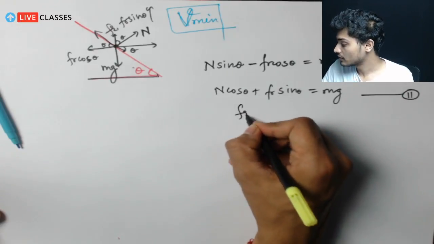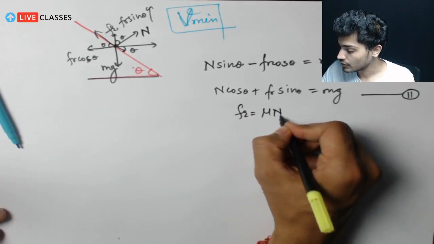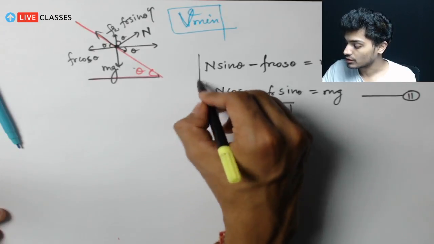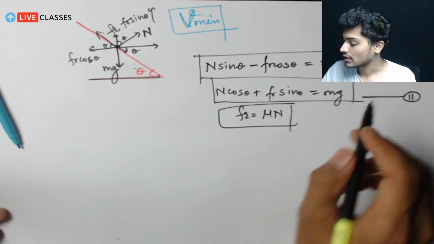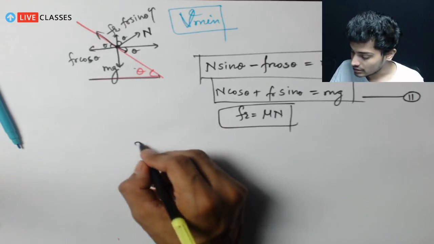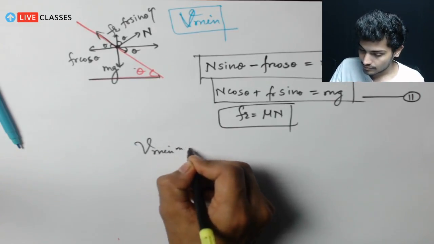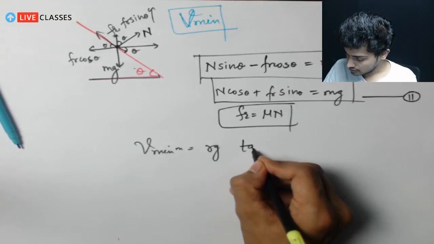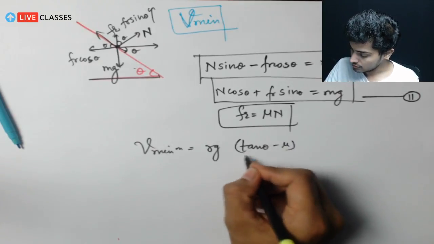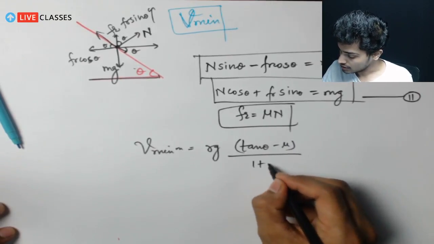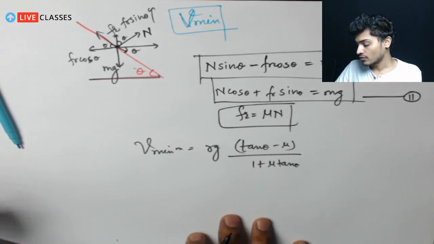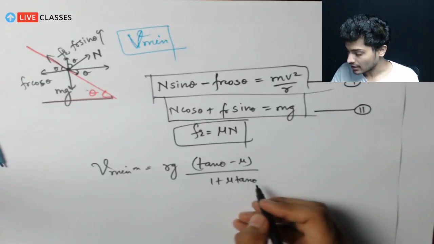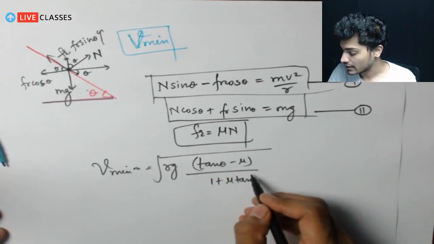We have to just equate through these three equations. We will get our V minimum value, and after solving you will get V minimum as square root of rg times tan theta minus mu upon 1 plus mu tan theta. You just have to do the same approach as we have done in the case of Vmax, and after solving finally we will arrive at this.